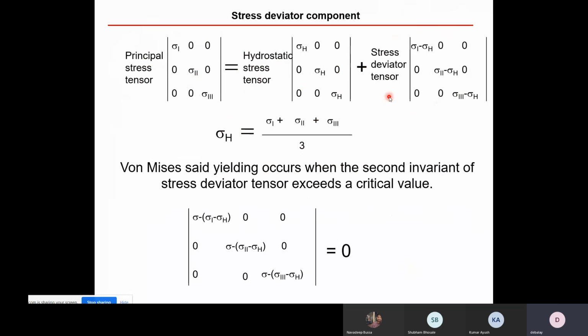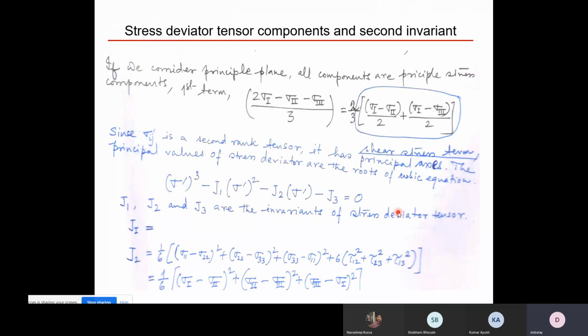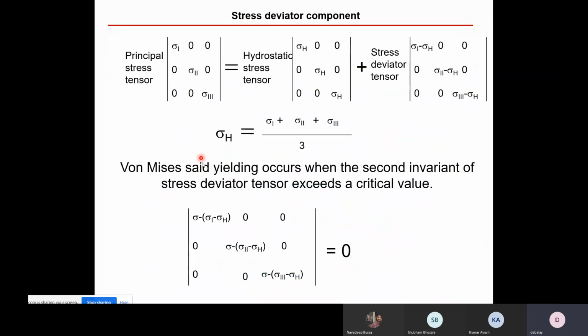So von Mises tried to determine the invariants for this stress deviator tensor, and he said the second invariant. If we consider that again, we try to determine the principal components from that stress deviator tensor, then again that kind of expression comes, sigma minus sigma 1 minus sigma h, something like that, equal to 0.